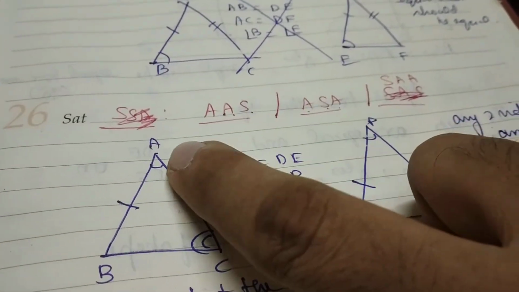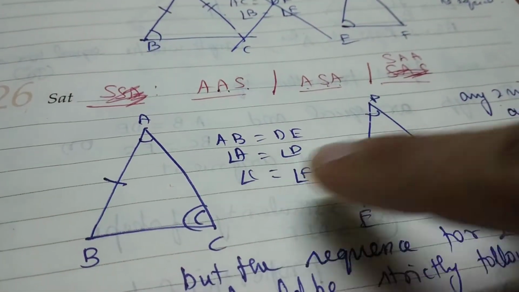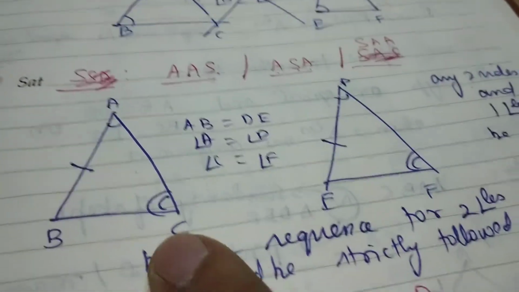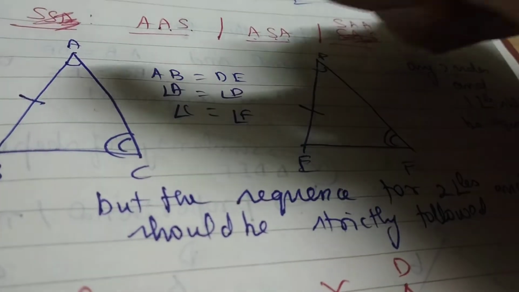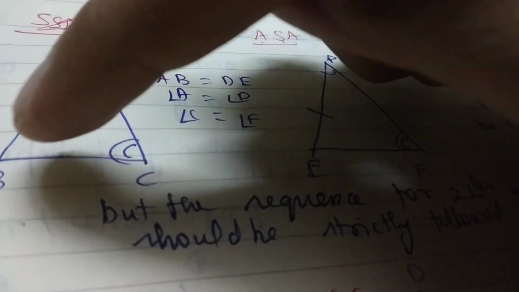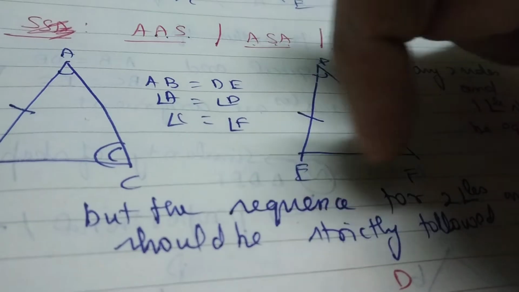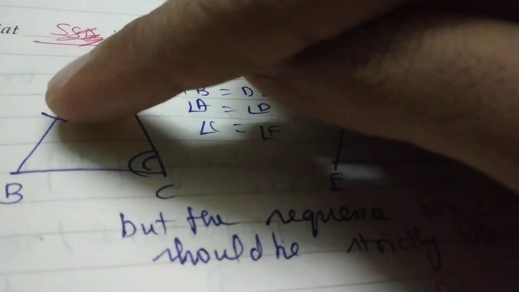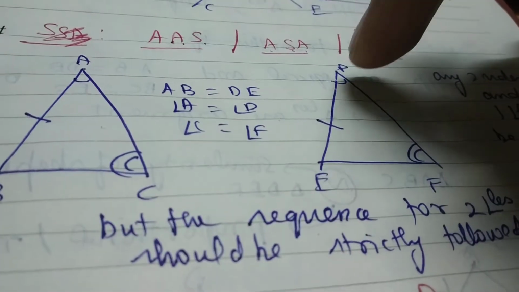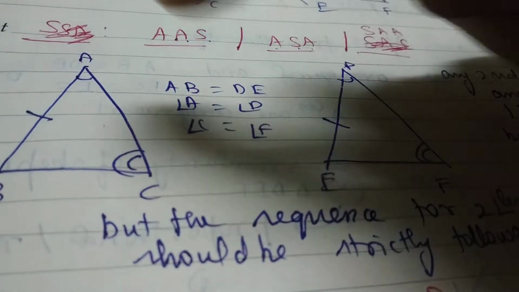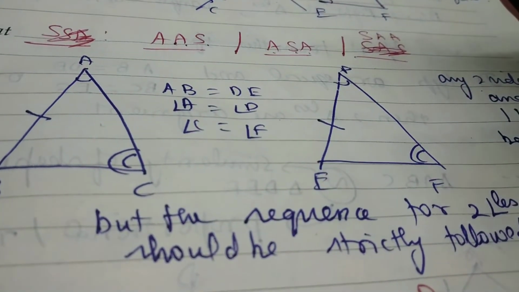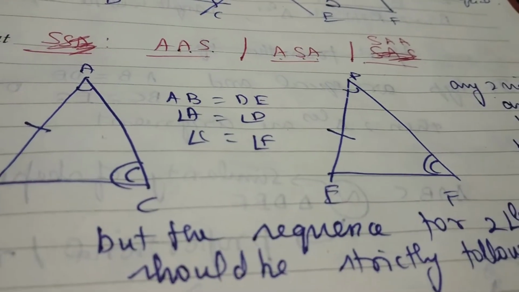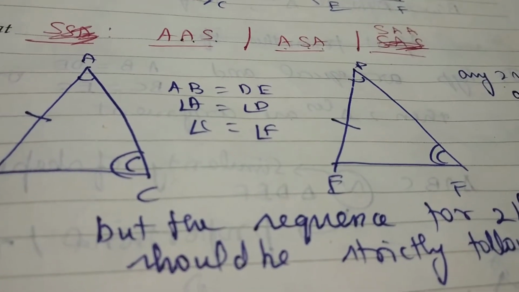So any two angles: angle A is equal to angle D, angle C is equal to angle F. Any two angles are equal, then any one side should be equal. That is BC is equal to EF or AB is equal to DE or AC is equal to DF. Then the two triangles are said to be congruent.